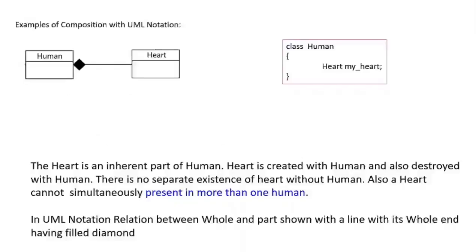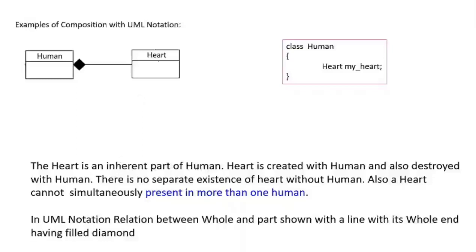Now let us take a few examples of composition along with UML notation. I have shown some of the examples in a simplified fashion, but they are enough to give you an idea in detail. Let us take the first example: a human has a heart. Here we have shown a diagram. A human has a heart, so the heart is an inherent part of a human.